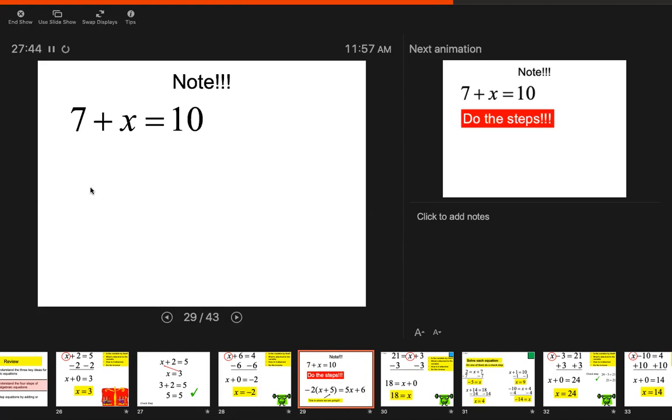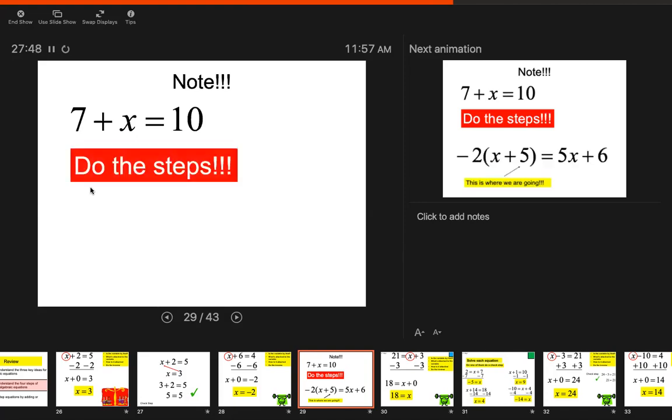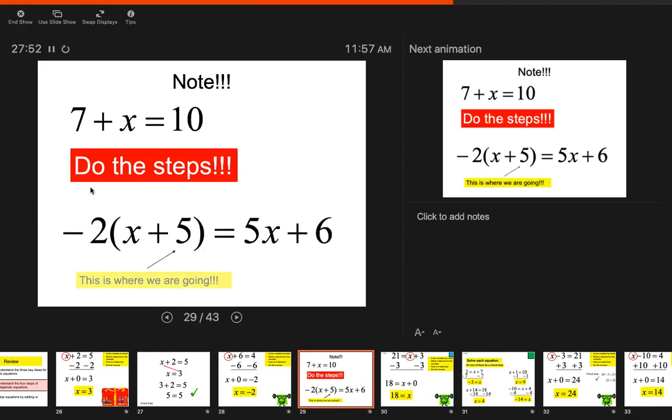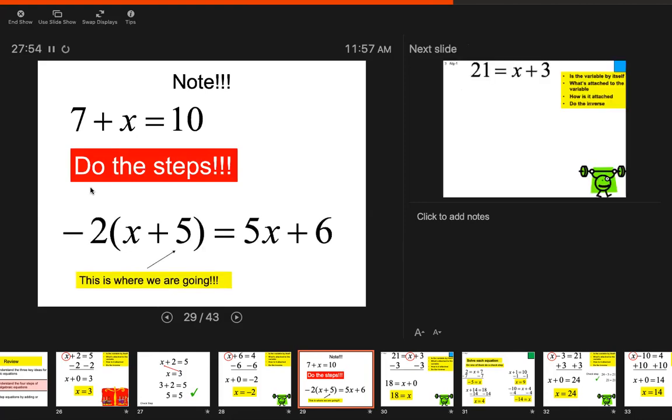And I know we're still just doing a one-step equation. You can look at it right now and just tell me the answer is 3. I also need you to do the steps, even though we're doing one-step equation. By the way, what's the answer? This is in 3 days. You can't do this one in your head. I could.